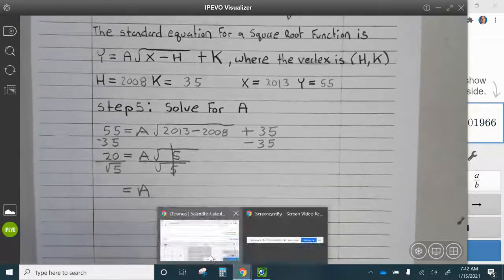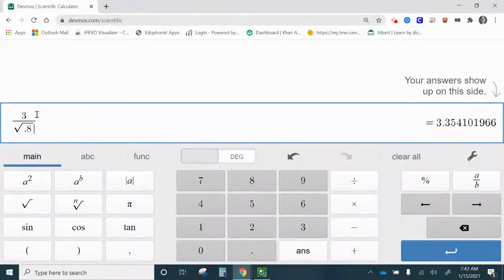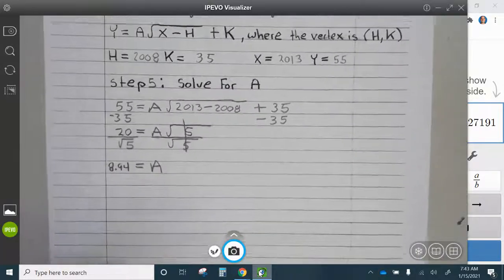So let's go back to Desmos. 20 divided by the square root of 5 is 8.94. So a is 8.94.